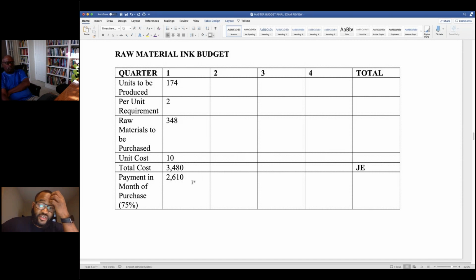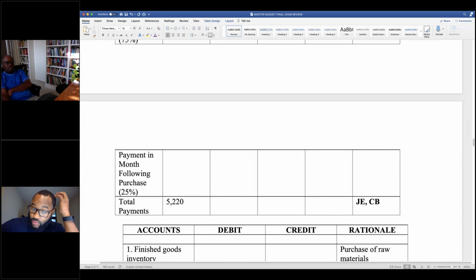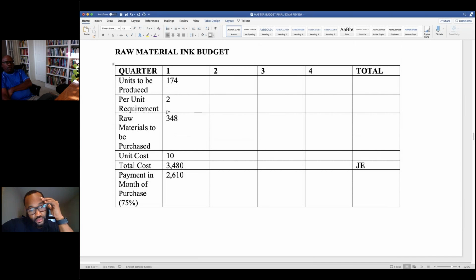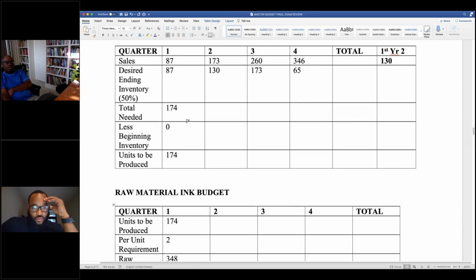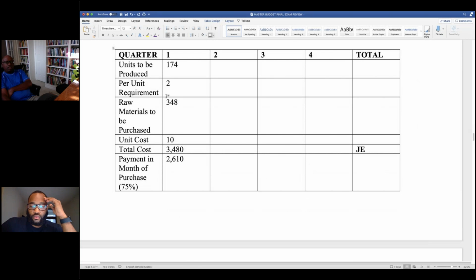What did you say, Professor? What are you telling us to do? It's probably an old number, 5220. Those are old numbers in here. So fill out this chart. That's what I'm telling you. Do the first quarter of this chart.